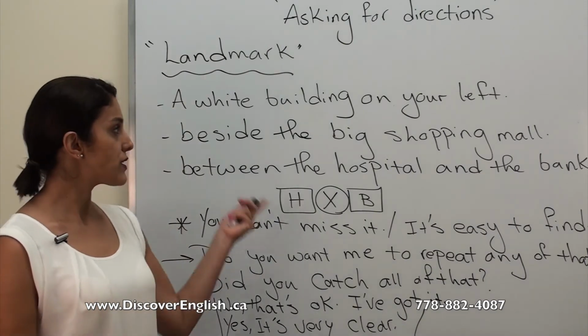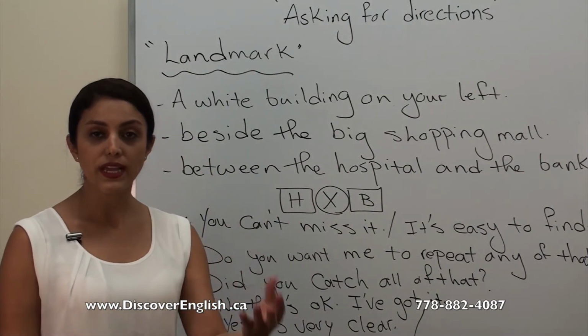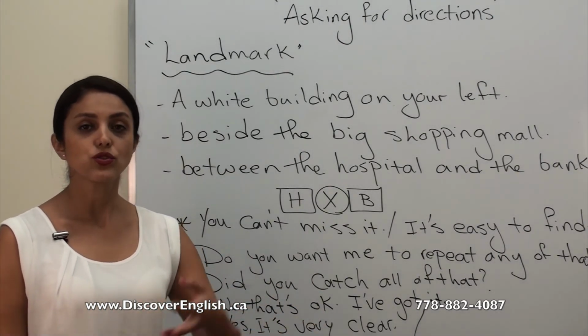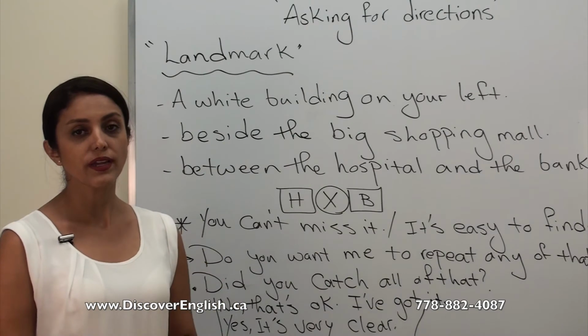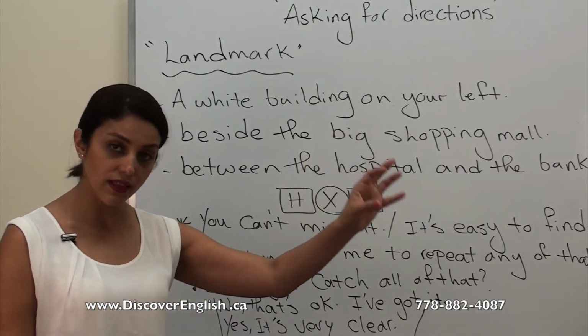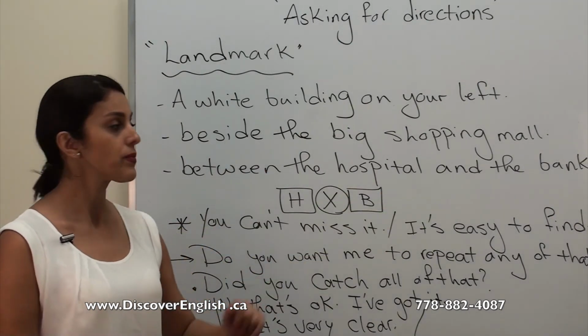Okay, for example, a white building on your left, even a place with a specific feature can help you find a place. Imagine you're giving the directions and you use that landmark, and it helps that person find a place easier.